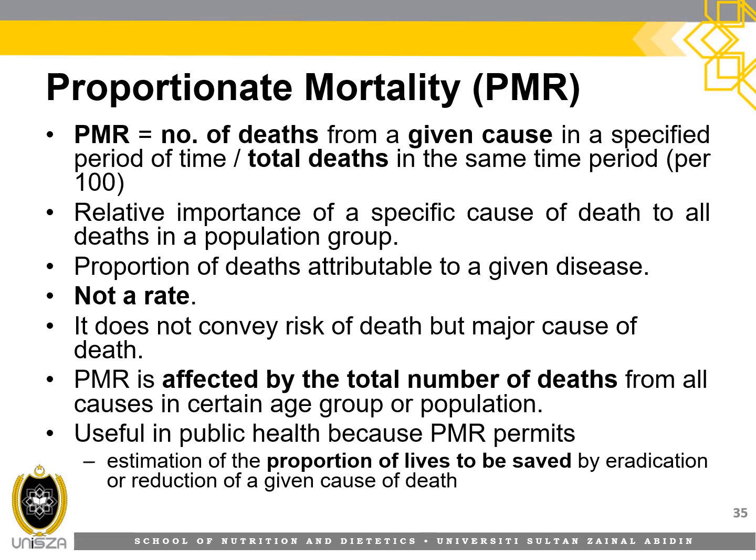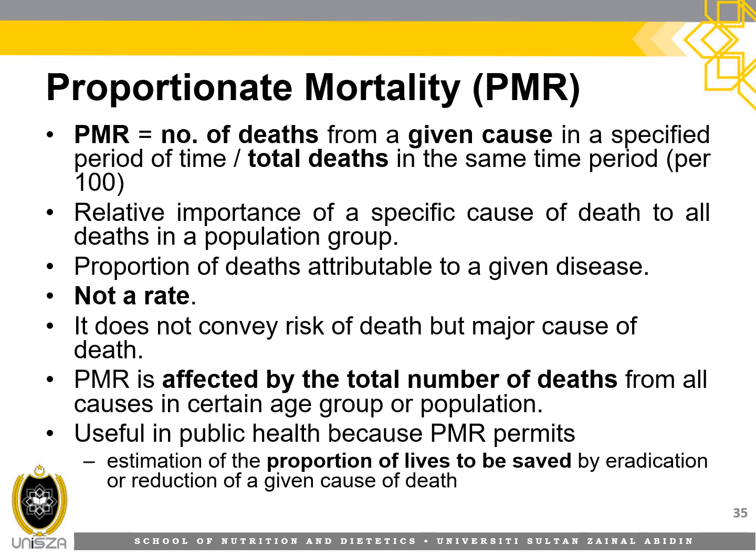It shows the relative importance of a specific cause of death to all deaths in a population group. It also shows the proportion of deaths attributable to a given disease.